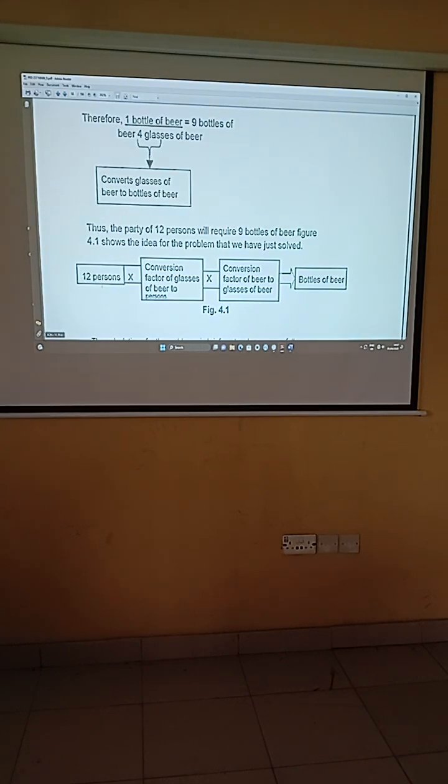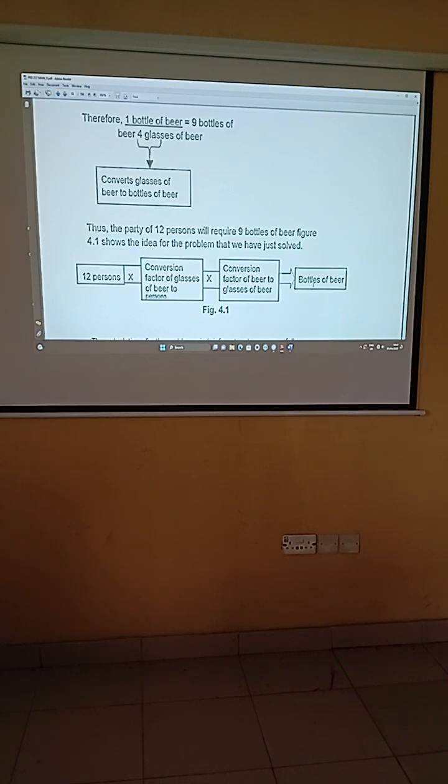As stated, 12 persons by the conversion factor of glasses of beer to persons, 1 person over 3 glasses. That's the conversion factor for the first one, 1 person over 3 glasses of beer. The conversion factor from bottle to beer is 1 bottle over 4 glasses of beer.